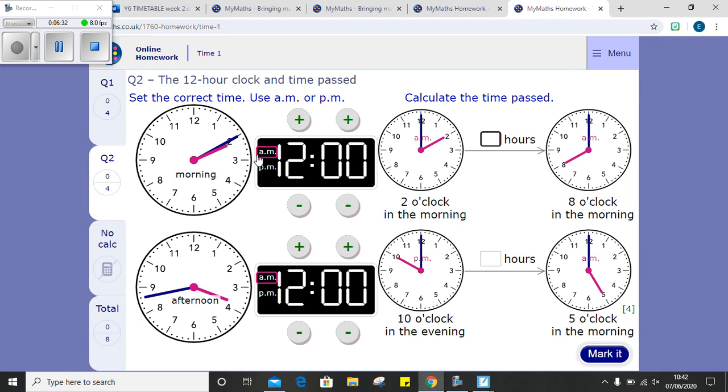Right, we're still working on morning, so it can stay as AM. My hour hand is just after that 2nd hour, so I'm going to make it 2, and then my minute hand is looking at the 2, 10 past, so it's 10 minutes past 2. Now looking at this one, we're in the afternoon, so I'm going to make it PM. Right, and then we're on the 3rd hour still.